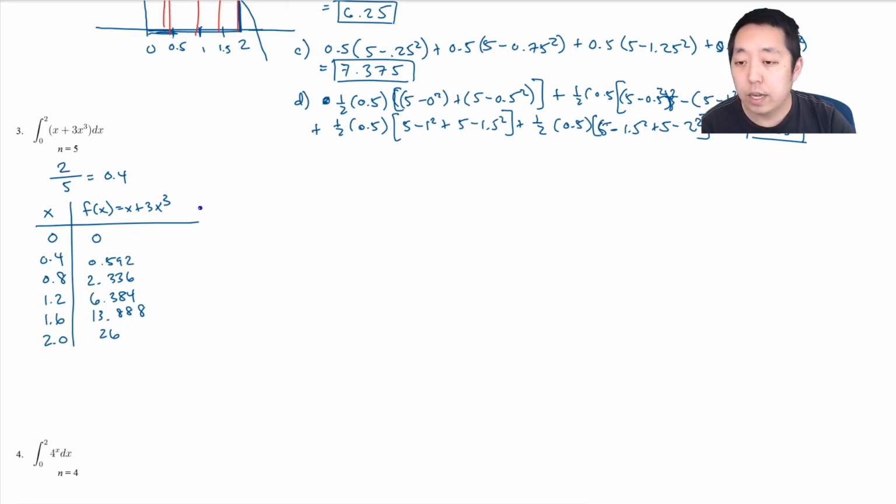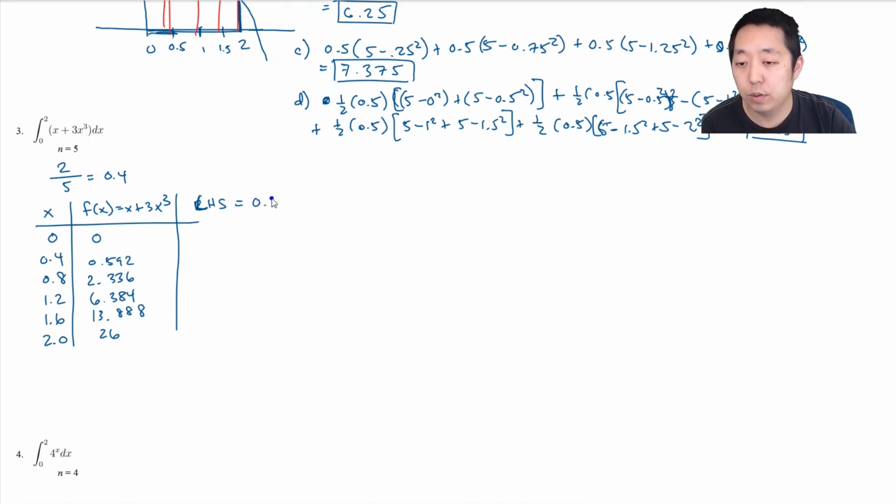Okay. Now, when I do the sums, so for A, sorry, left-hand sum. Left-hand sum is first. I'm going to use these 4 points as the heights. These 4 heights right here, or these 5 heights right here as my rectangle.